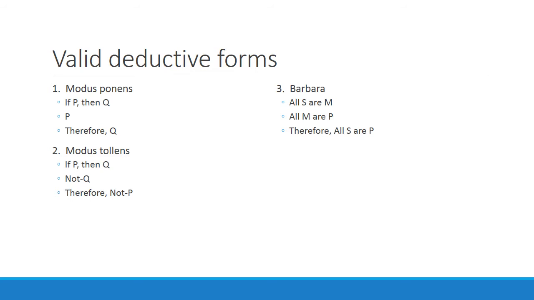So this, Barbara, is a valid deductive form with the middle term in the right location. This is the form of that famous argument we looked at earlier that says Socrates is human, all humans are mortal, therefore Socrates is mortal.